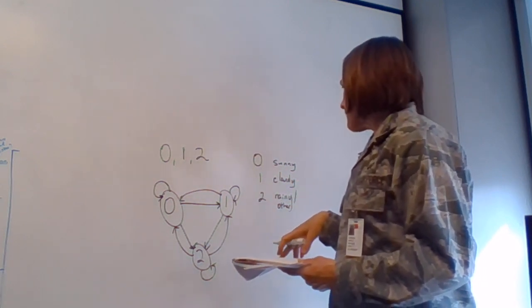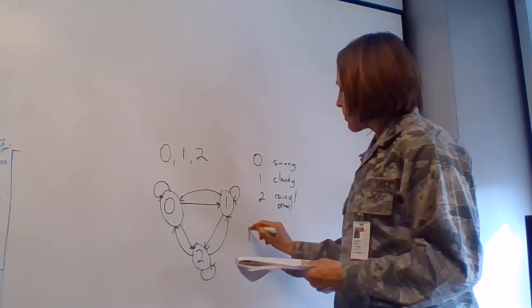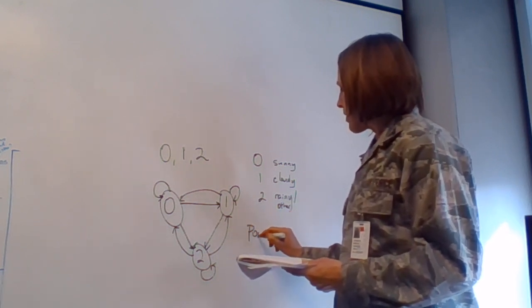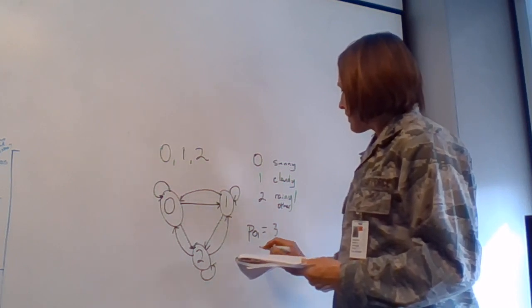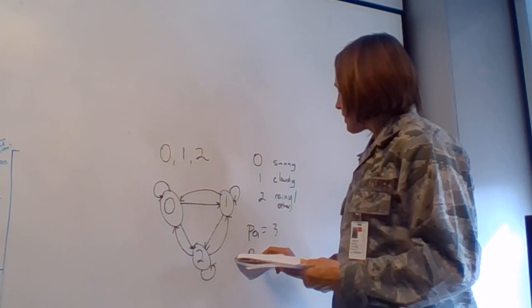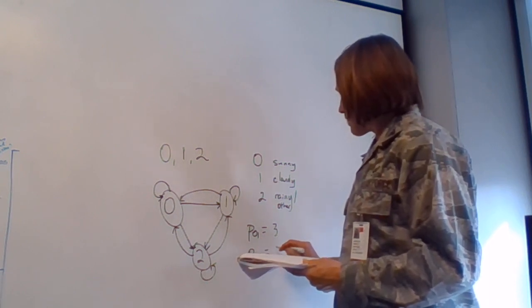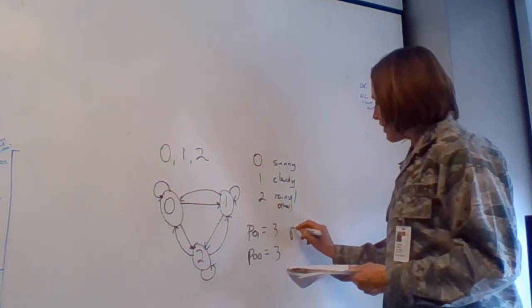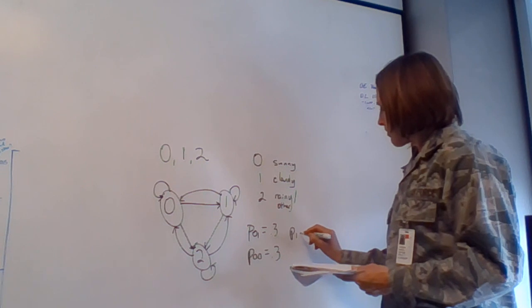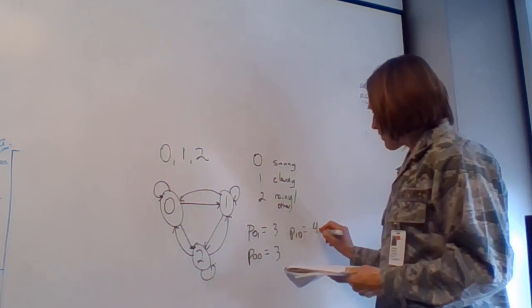Okay, so let's say that we know that if it's sunny today, the probability that it's cloudy tomorrow for wherever this happens to be is 0.3. And the probability that we have 2 sunny days in a row is 0.3. And if it's cloudy, the probability that it's going to be sunny tomorrow is 0.4.